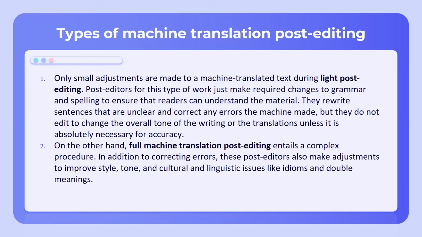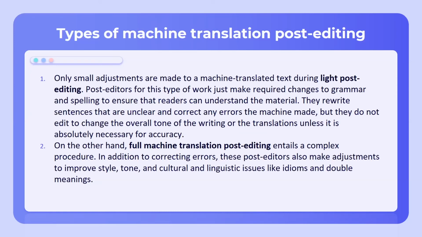So the types of machine translation post-editing can be simply divided into two kinds. The first is light post-editing. The second is full post-editing. In light post-editing, only small adjustments will be made to the machine translated text. Post-editors for this type of work just make required changes to grammar and spelling to ensure that readers can understand the material.